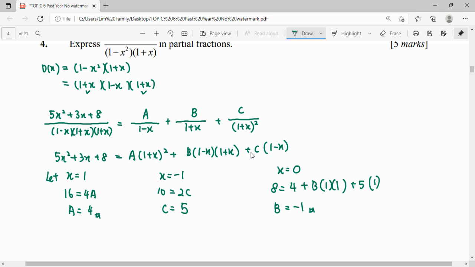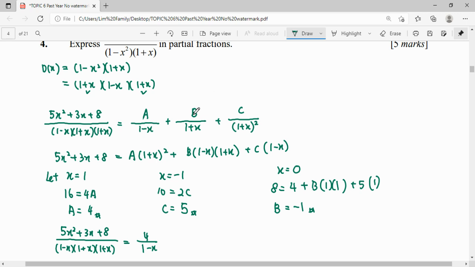So finally, after we find all our unknowns A, B, C here, we write back into our fraction, so we can express it in partial fractions completely with the values of A, B, C. So A is 4.